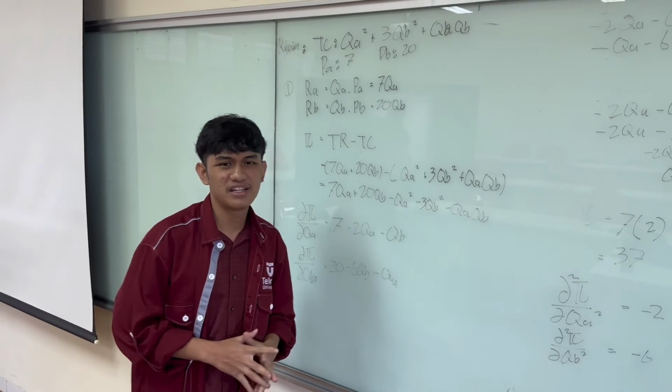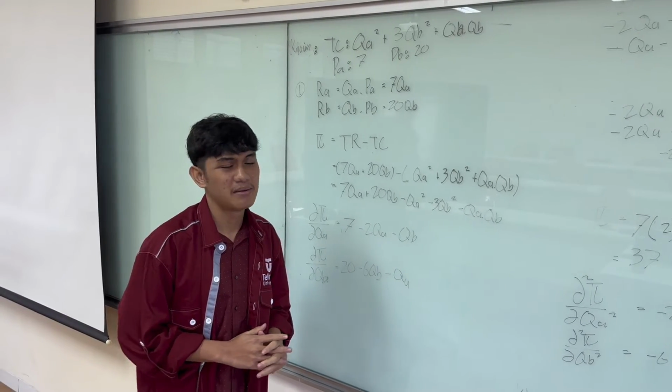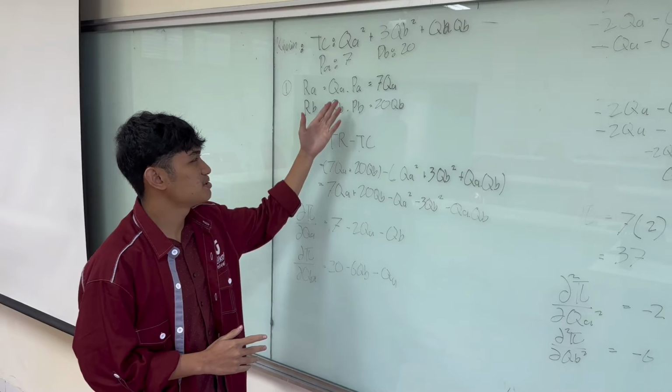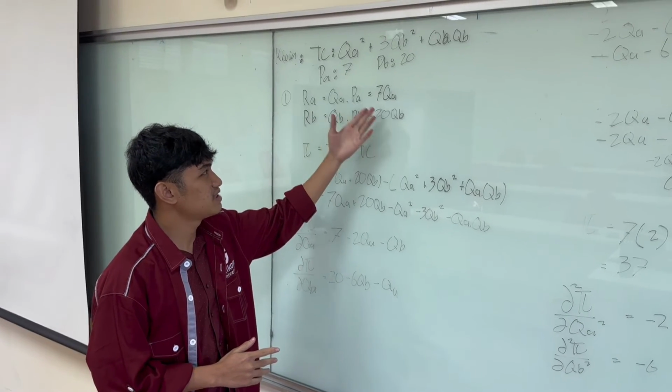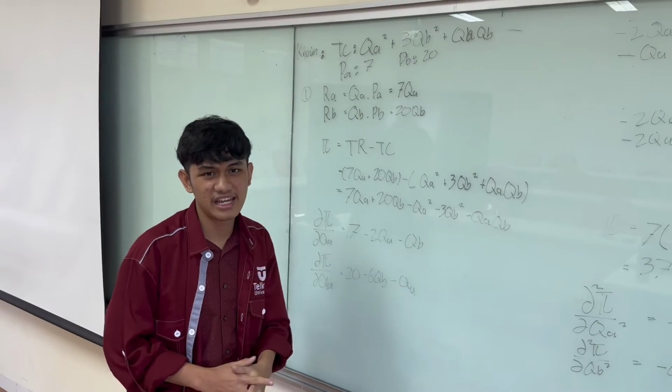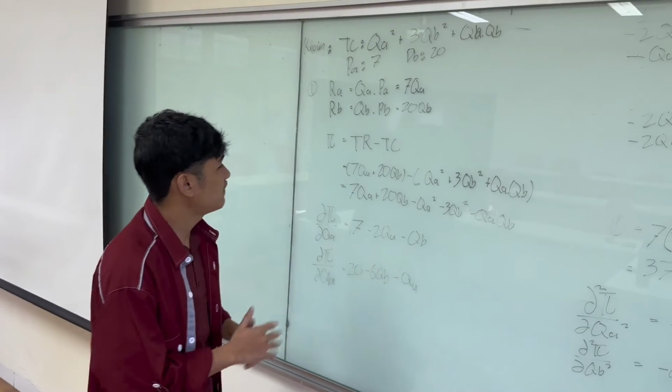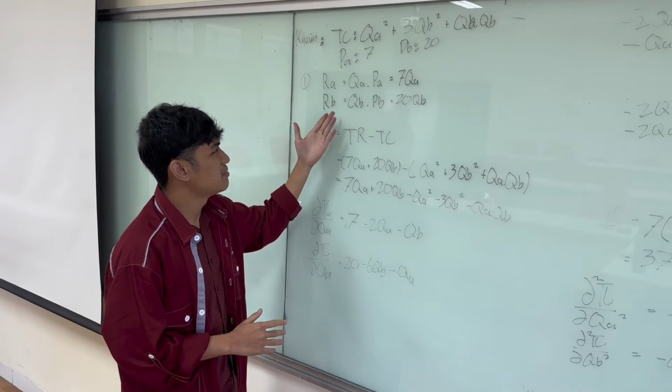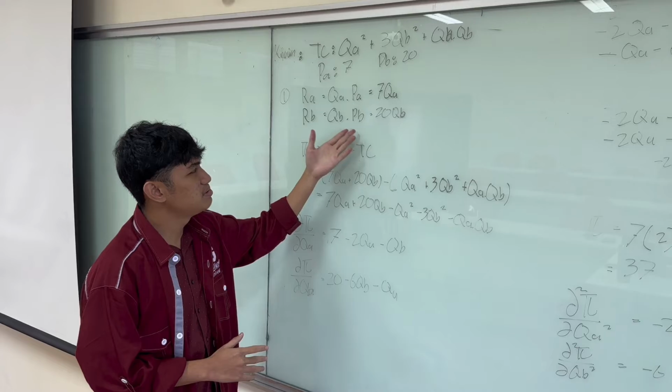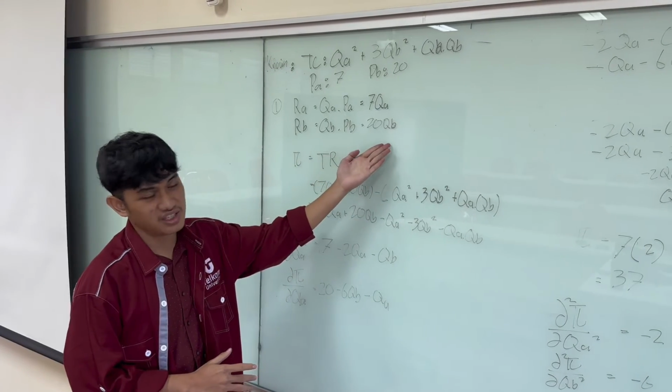Now we need to find the revenue of A by QA times PA, and the result is 7 QA. Then we find the revenue of B by QB times PB, which equals 20 QB.